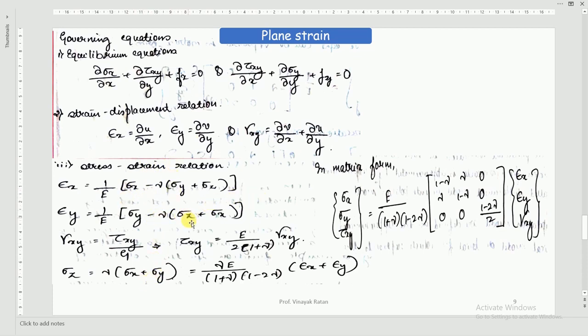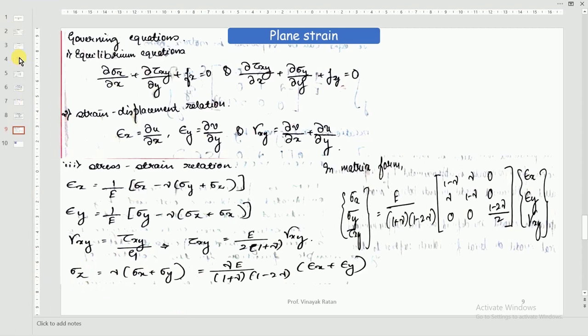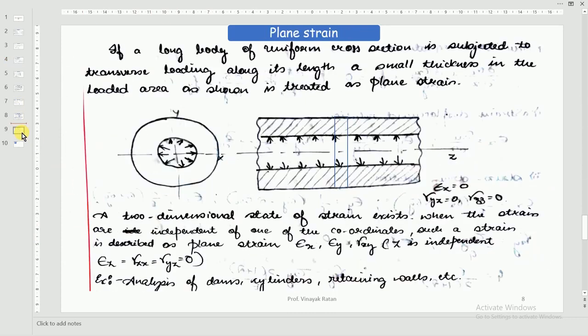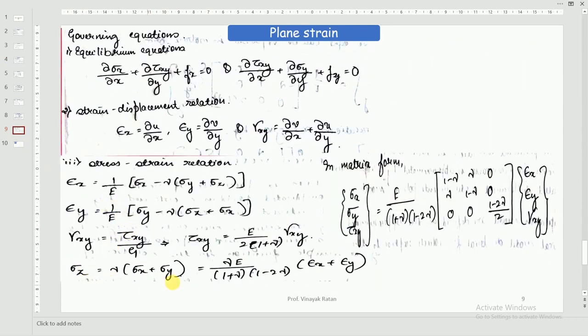If you take this portion on the other side, this is what you get. I'll just show you from the previous one. Yes, it's here. If this is equal to 0 and you rearrange it, this is what you get.